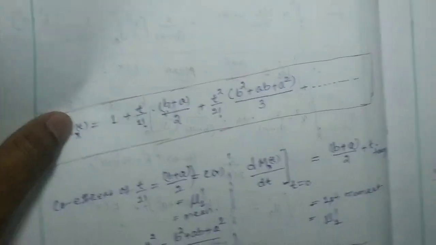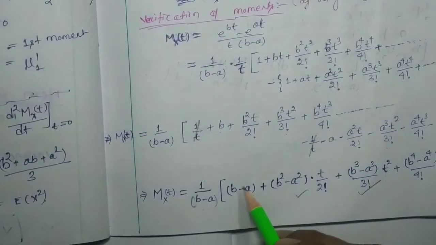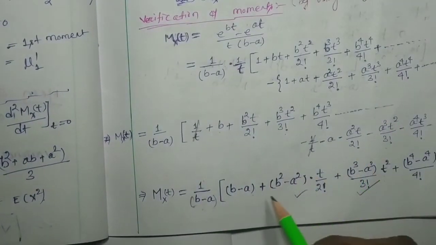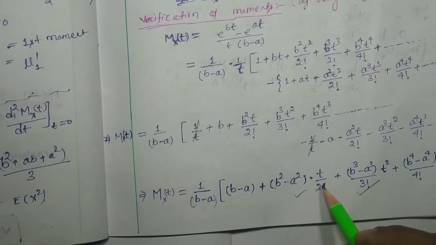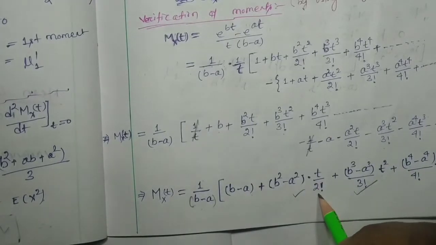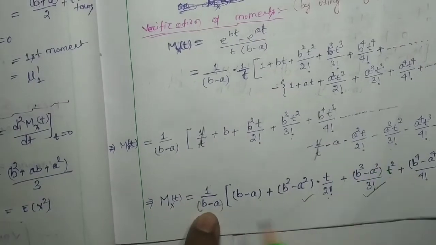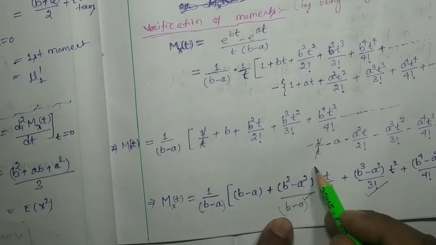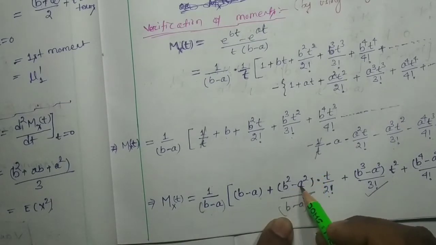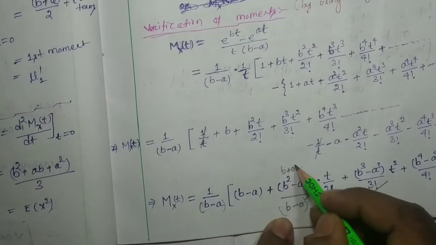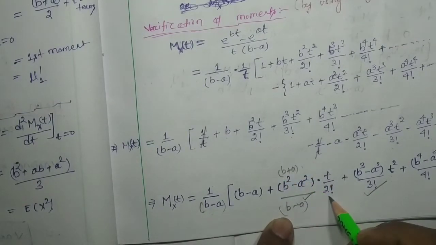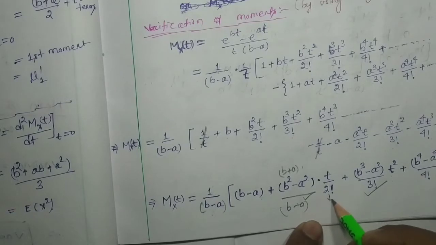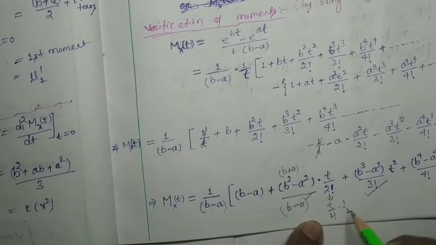Here you can see b minus a by b minus a will be 1. Then here you can see that t by 2 factorial is there. So if I divide by b minus a, then b square minus a square, b minus a got cancelled. We are going to get b plus a, and here t by 2 factorial can be written as t by 1 factorial into 1 by 2. Yes or no?